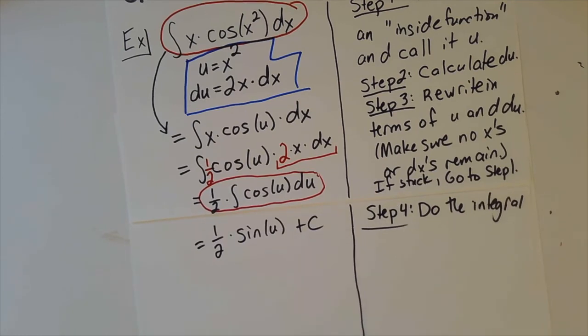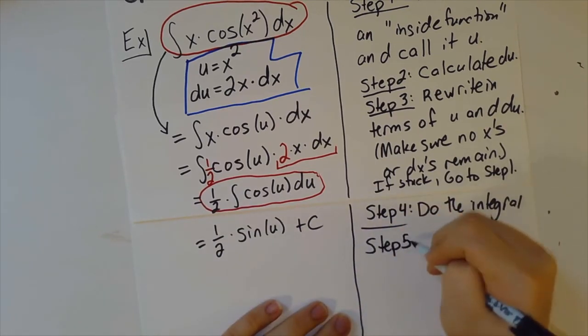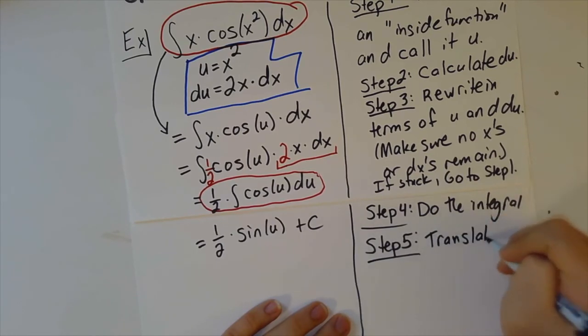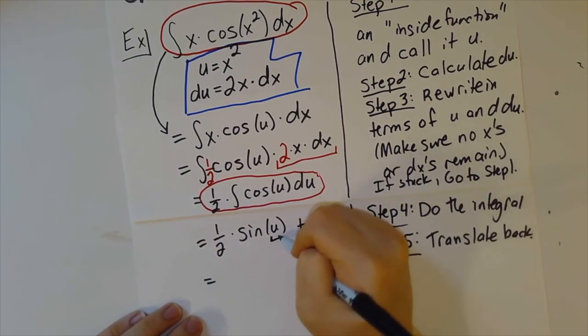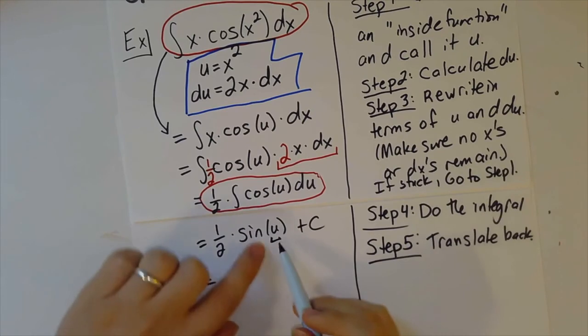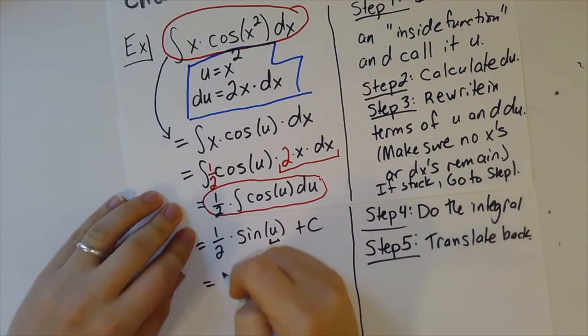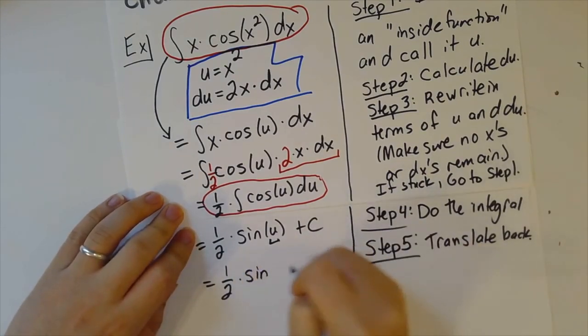So the last thing we have to do is translate back. Namely, there's a u here, but what is u? U is x squared. And so that means that my real answer here is 1/2 times the sine of x squared plus c.